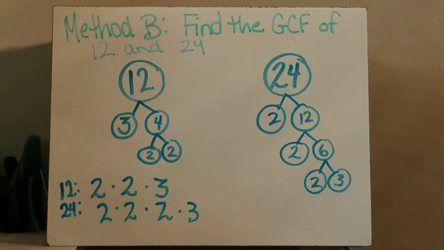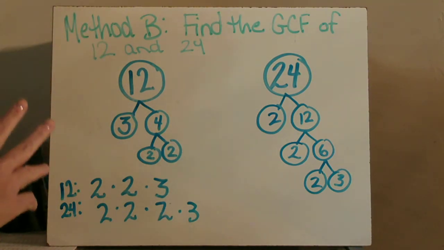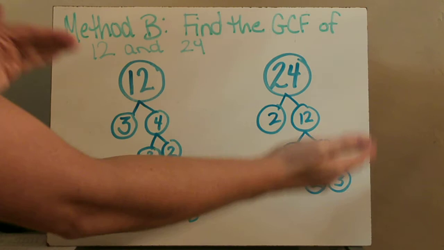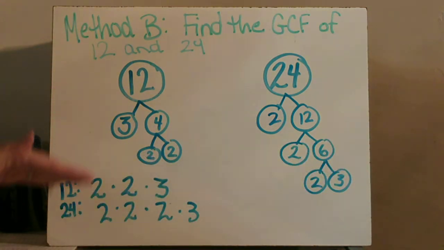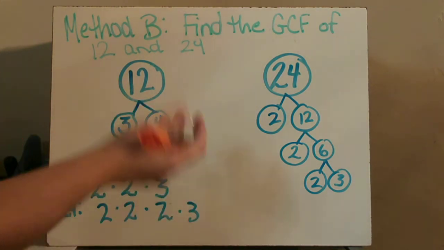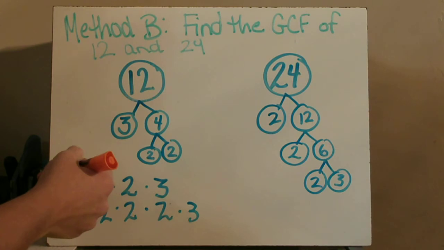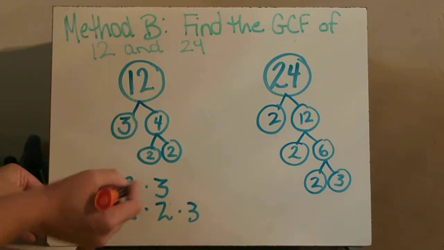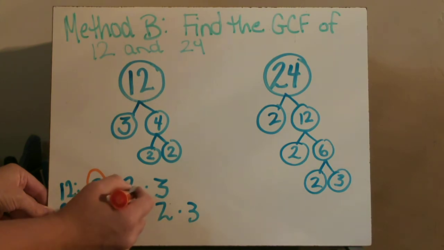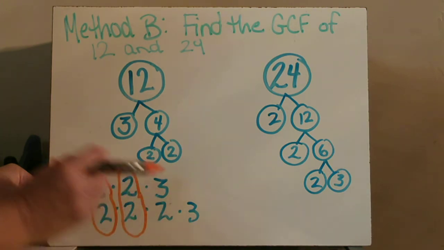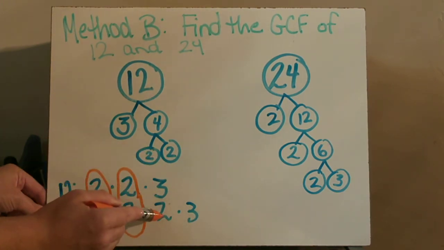So now the second part of method B, after we use the factor tree to find the prime factors, we compare the prime factors and we find what they have in common, okay? So 12 and 24 both have these 2's in common. And notice there's not another 2 on the 12 row, so I can't use this 2.